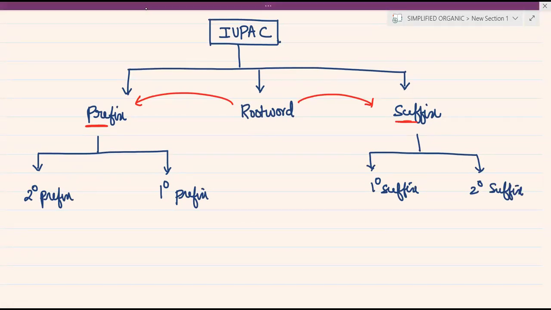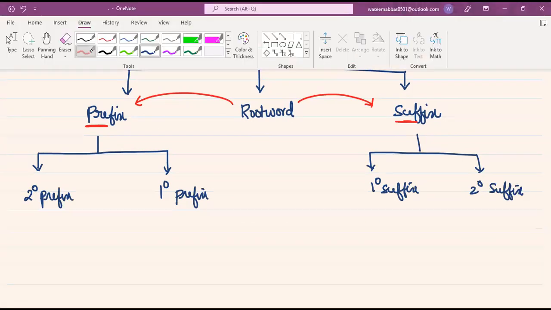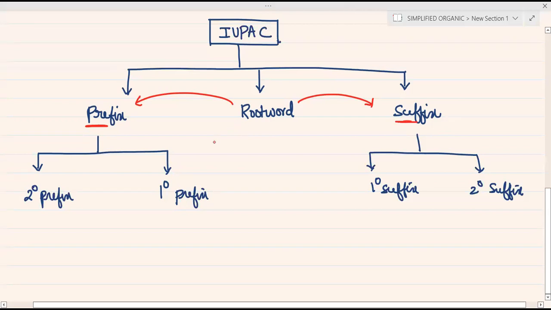So if you look at this classification, the primary part is written just before and after the root word. When you move one step ahead, you will get the primary suffix. When you move one step behind the root word, you will get the primary prefix.